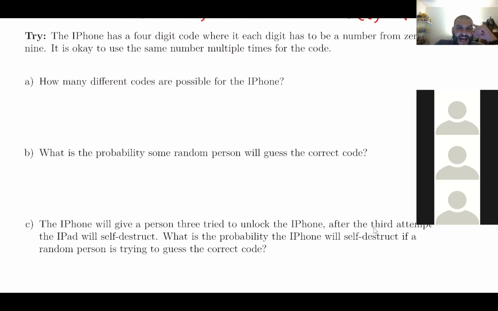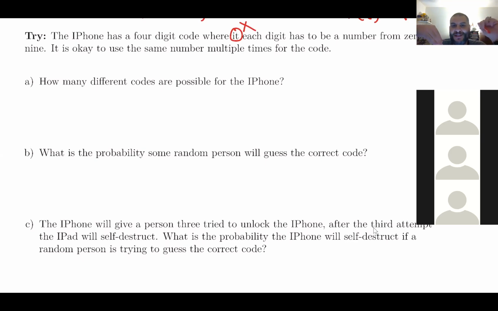This one says the iPhone has a 4-digit code where each digit is a number from 0 to 9. It is okay to use the same number multiple times for the code. For this one, you should already know this is not permutation and not combination.